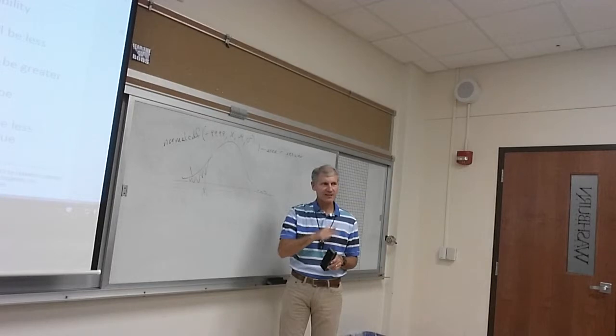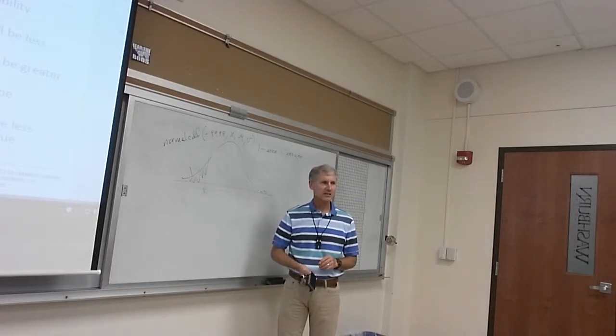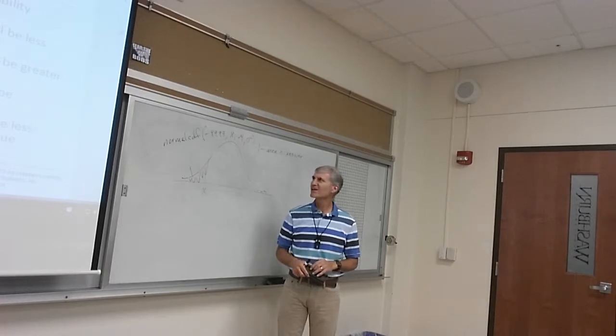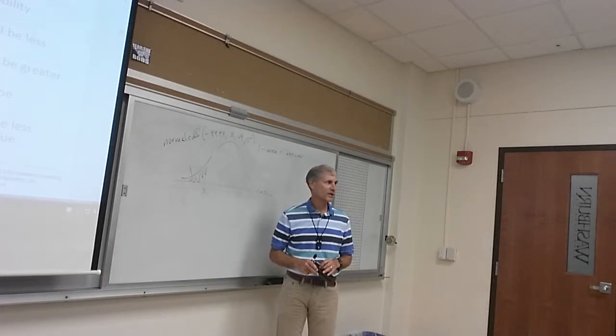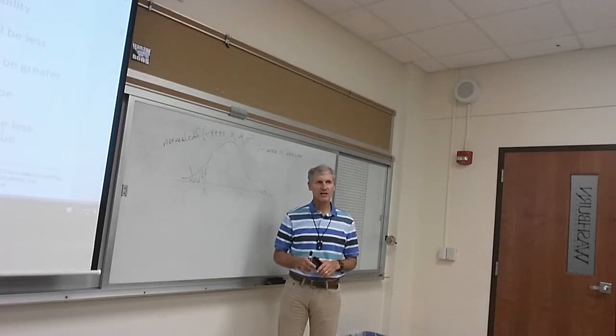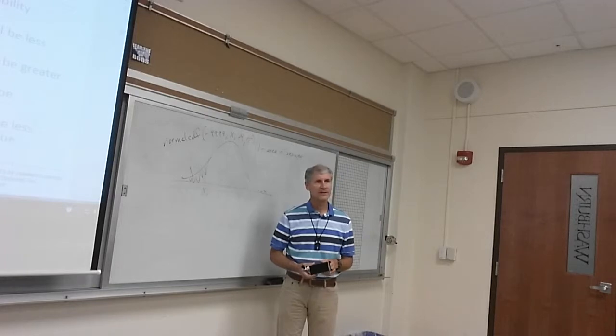Now, somebody in my last class said, are they always going to give you the mean and standard deviation? And I said, yeah, they always have to give you that. And then later I changed my mind and said, well, if they ask about z-scores, they won't give it to you. You're just supposed to know that. So what's the mean and standard deviation for z-scores? 0 and 1. That's standard normal.